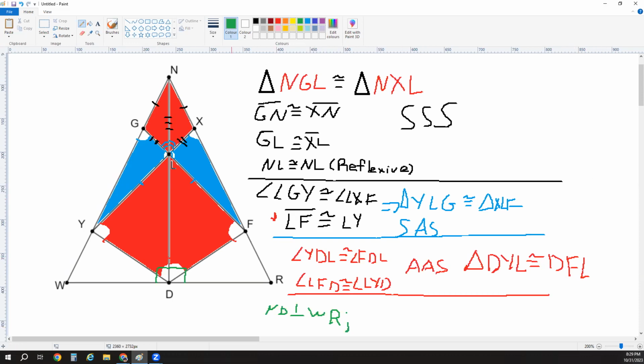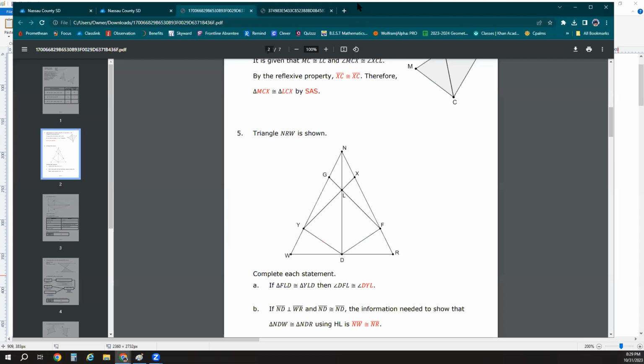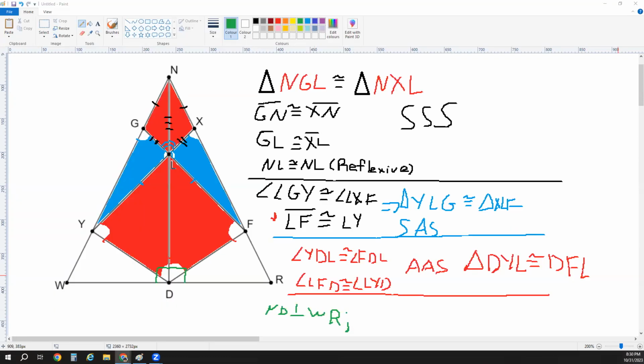And also I know that, let me think about this one for a second. Oh yeah, ND. Okay, of course. I know that because reflexively ND is equal to itself.